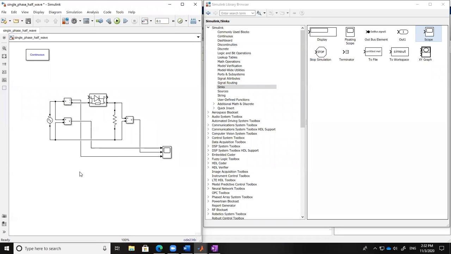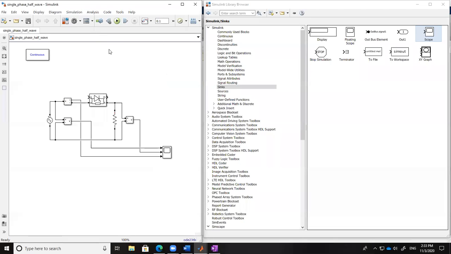It's power electronics, so the current will be in ampere and not in milliampere, remember. And now I set it to 0.1, right? Let us run it. We expect something.